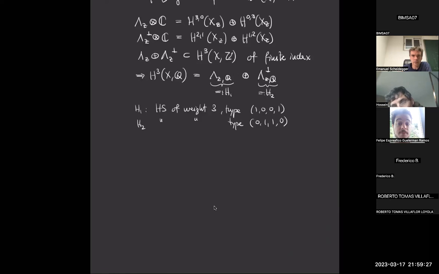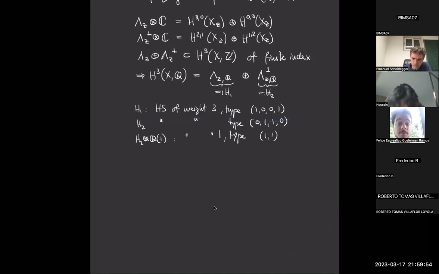And then if we tensor H2 by the Hodge structure Q(1), then we get a Hodge structure of weight 1 and type (1,1).